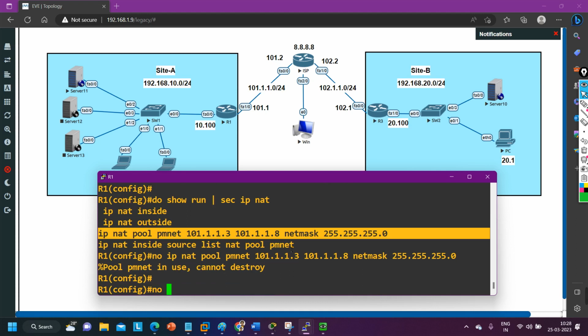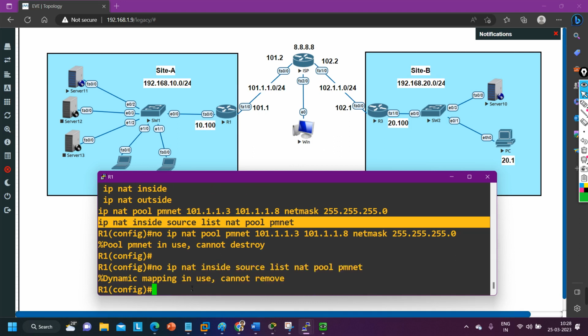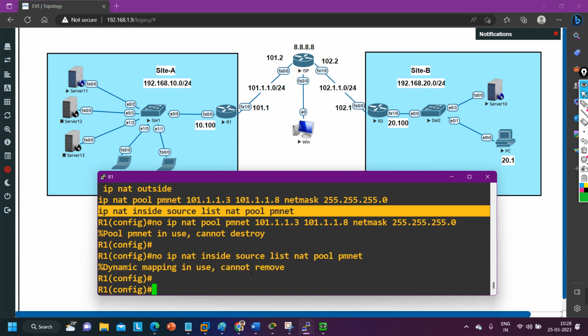Say no, and let me copy this entry. Dynamic mapping is in use, yes or no. So that's why you are not able to remove this command.